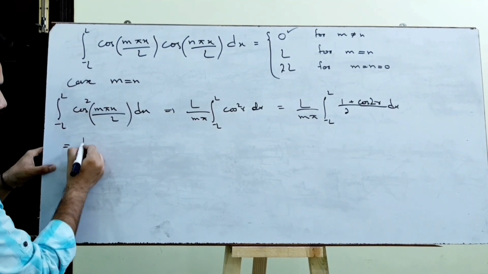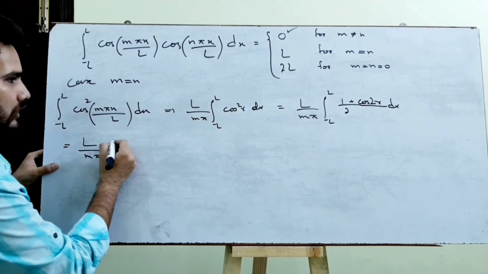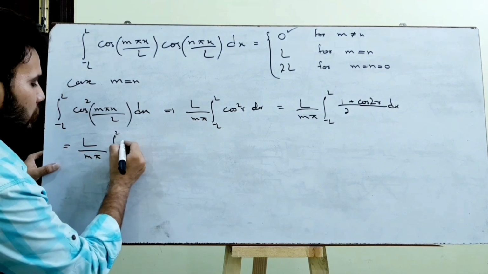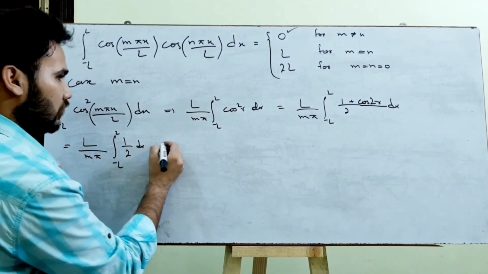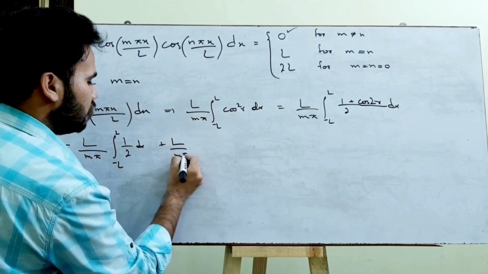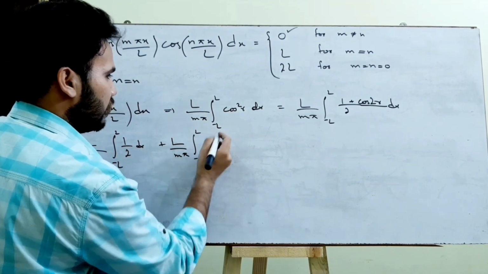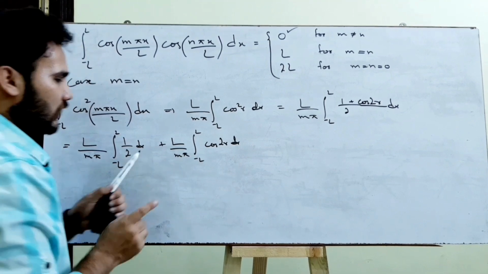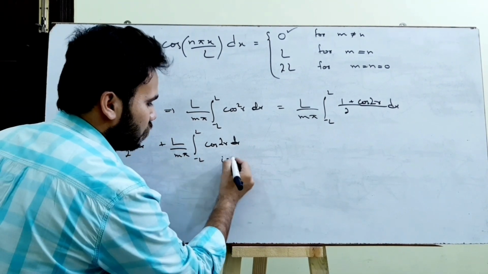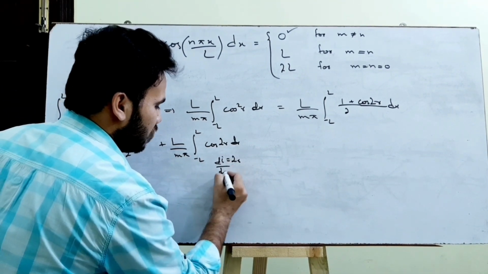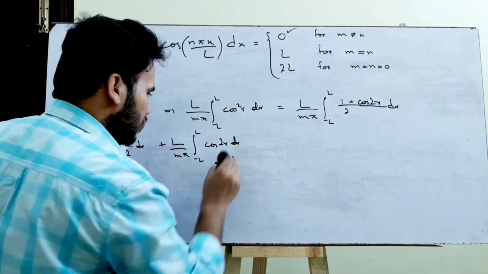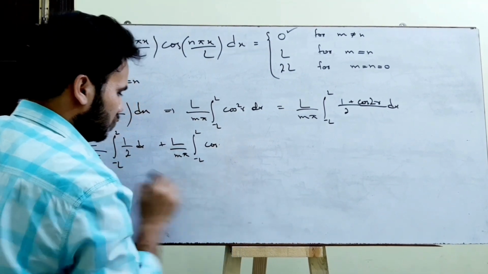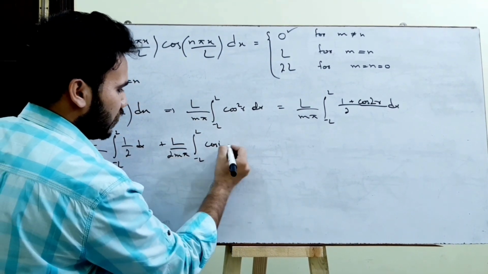So L over m pi integral of 1/2 dr plus L over m pi integral of cosine 2r dr. So here taking I equals 2r, di by dr equals 2. So this will be L over 2m pi, integral of cosine I di.